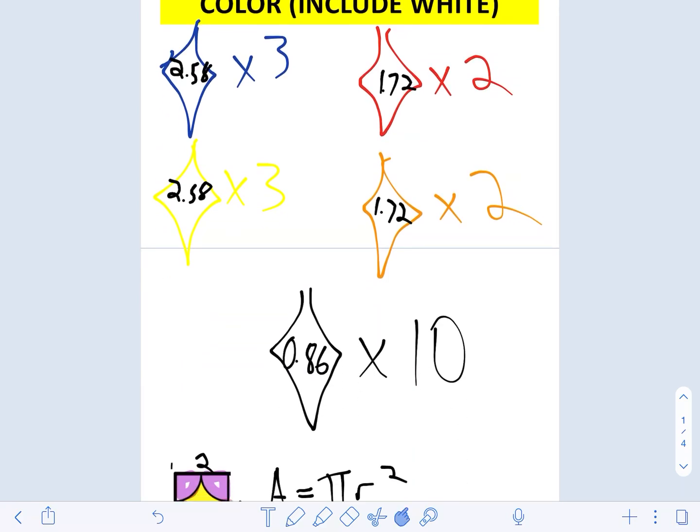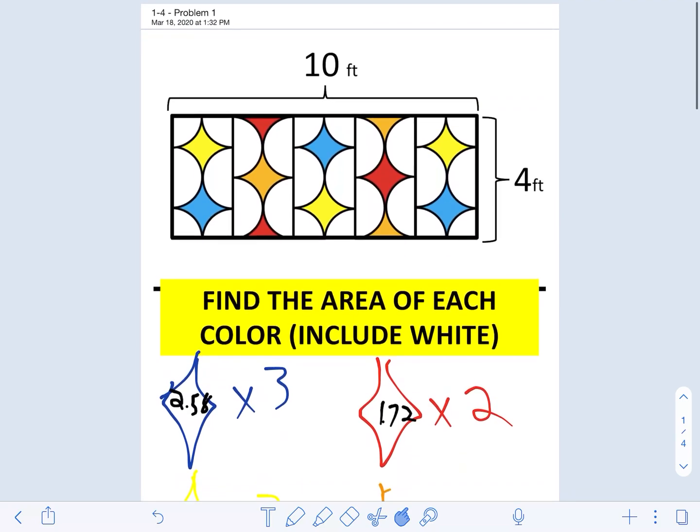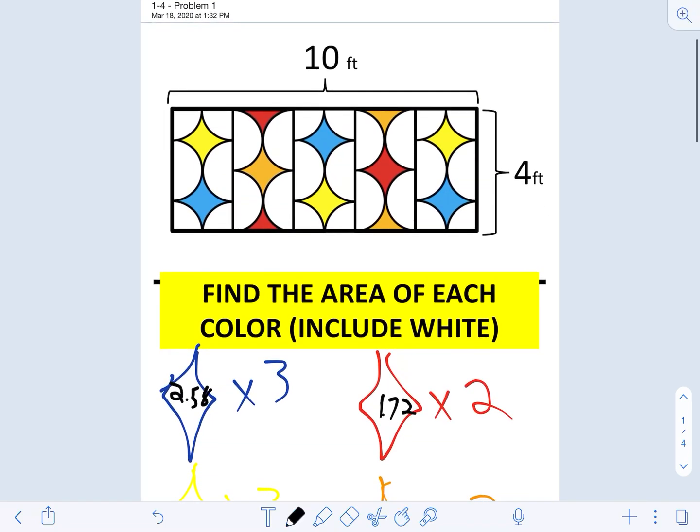To find the white, you do 10 times 0.86, which is 8.6, and subtract it from your total area, the area of the whole thing, which is 40.